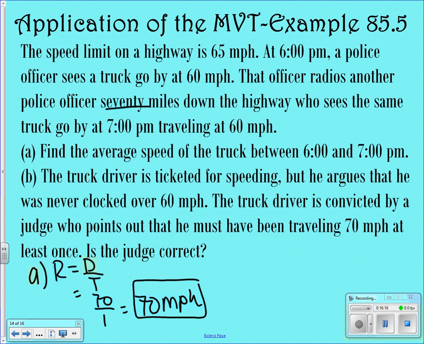If the driver did not exceed 65 miles per hour for an hour, he would not have been able to travel more than 65 miles in that hour. So that means the driver had to have been speeding. By the mean value theorem, the driver's speed reached 70 miles per hour at least once between 6 p.m. and 7 p.m. Now, is that likely to ever happen in real life? Probably not. But that's what the book says is an application for the mean value theorem.